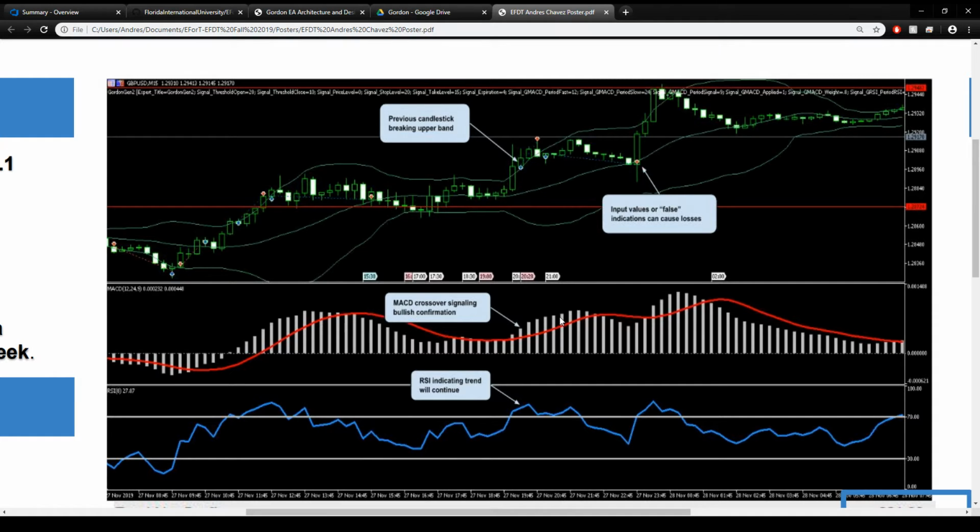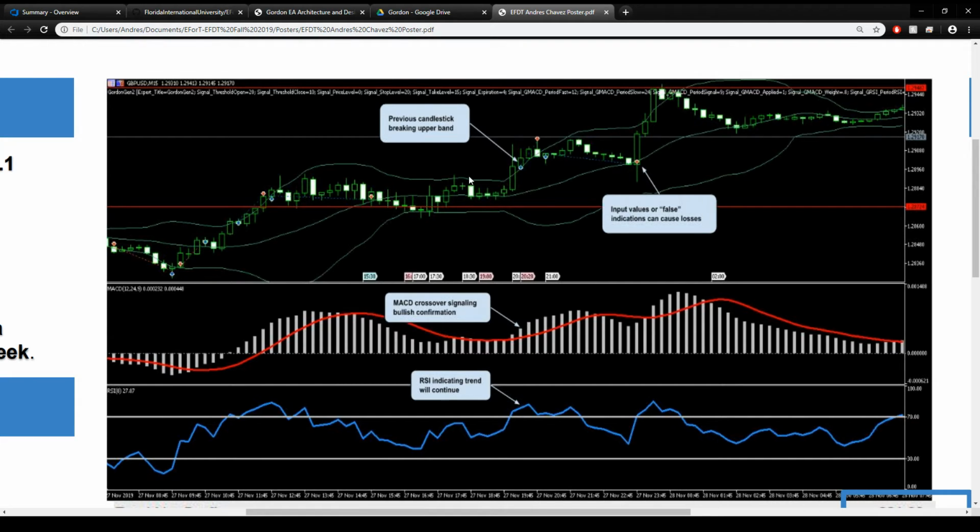So if the RSI, this blue one down here, is telling us that a lot of people are buying, the MACD is telling us that those people are going to continue to buy, or those people are going to start buying less, or oh, now it's going to actually change and people are going to start selling more. So it gives us an idea of what's going to happen. The RSI and the MACD indicators work really well together, and they fill in the gaps that the other one leaves. So we have volume and we have strength right here.